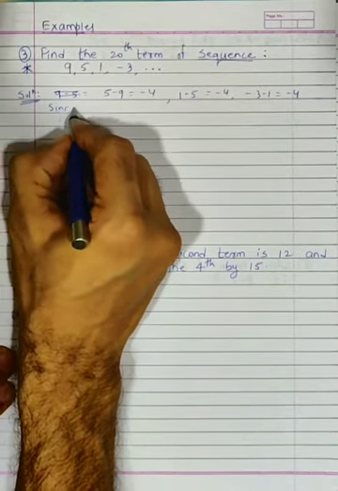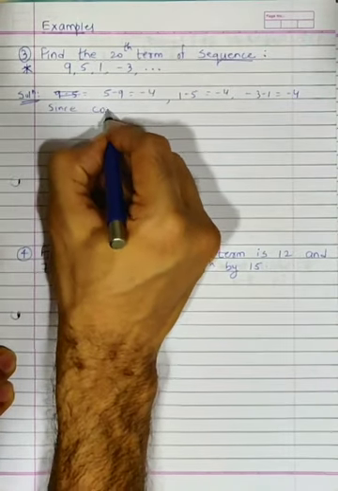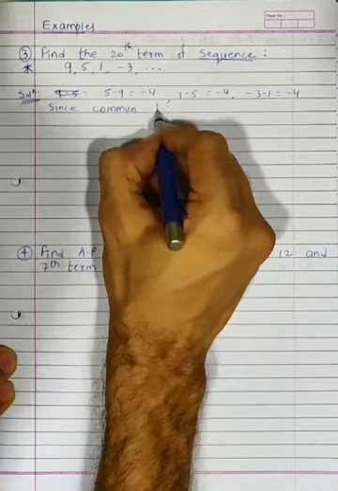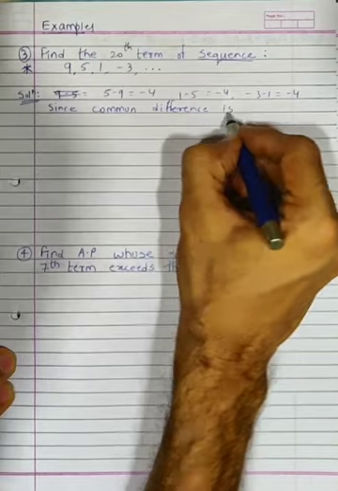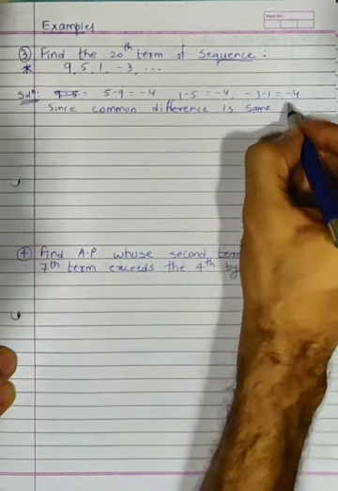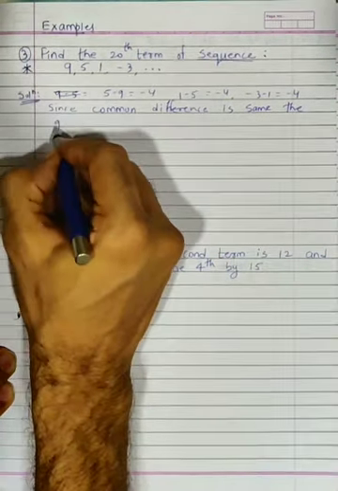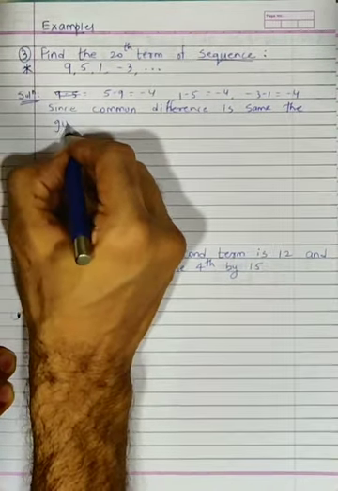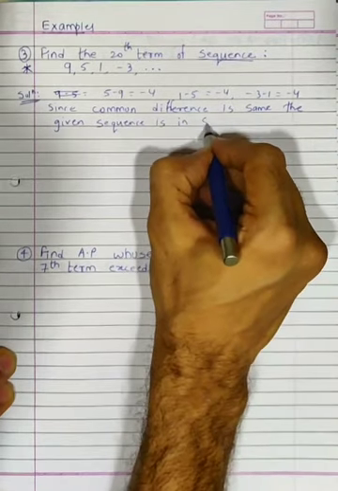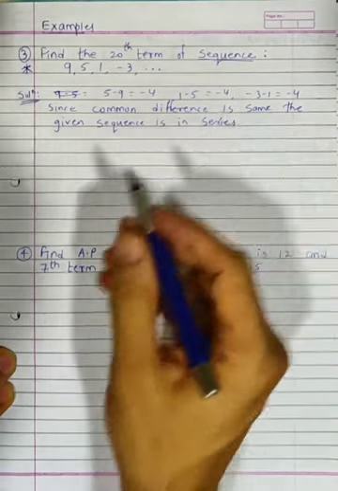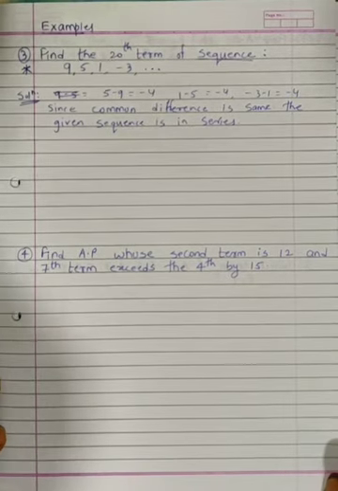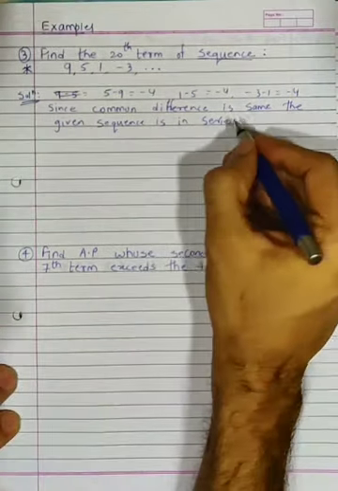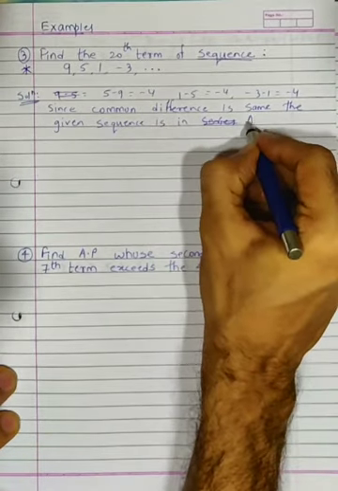Then we'll write that since the common difference is the same, the given sequence is in AP.